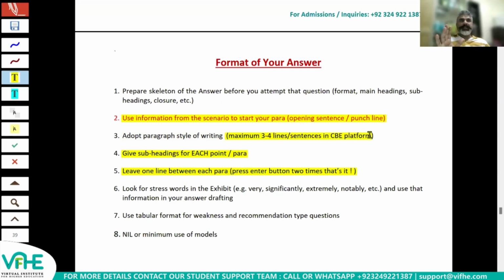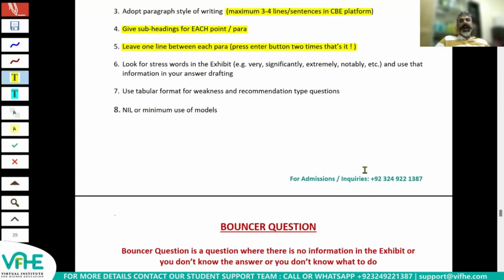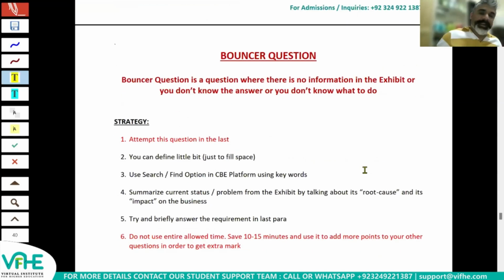Maximum 3 to 4 lines. Your point should not exceed 3 to 4 lines. Is that clear? Okay. The last thing about exam technique is the bouncer question.